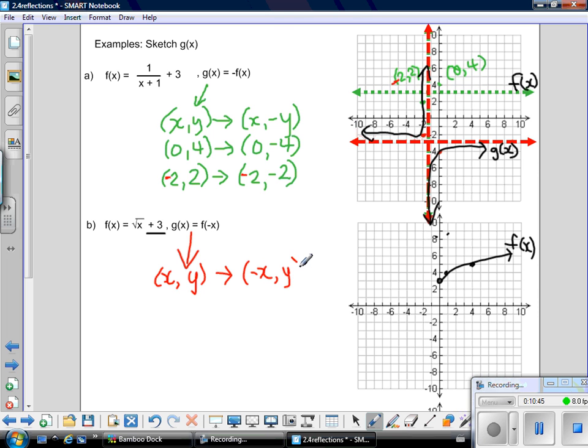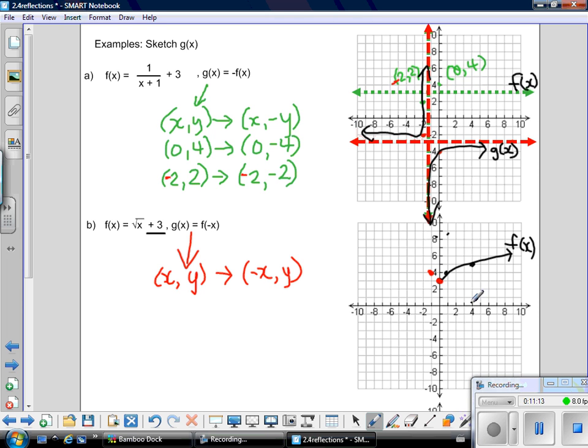So now let's go over to our graph. You can either write it down like this if you want, or you can actually translate it. Okay, so if we look at 0, 3, well, if I change the x value, it's still going to be 0, 3. Then this point here is 1, 4, so that means I'm going to go negative 1, 4.